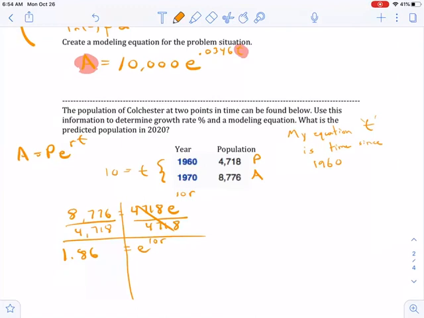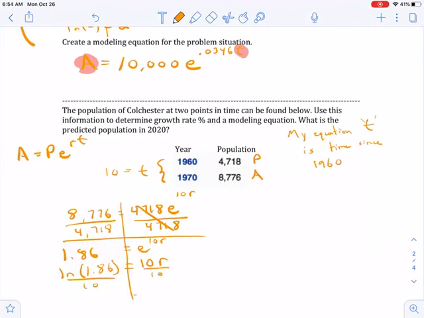Here I just have e to the 10r. I can convert this to logarithm form if that's what we're comfortable with. But again, in order to get rid of that e, or to bring down that exponent here, I'm going to take the natural log of both sides. So this is natural log of 1.86, and when I take the natural log of this side, I'm just going to be left with 10r.